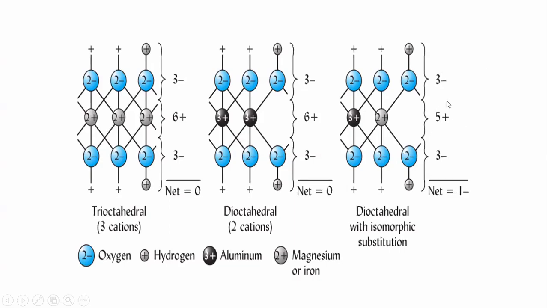If it is 6 plus, then there are no net charges, right? Since it is 5 plus, substituted by magnesium, there is a net negative charge. Understand? So the isomorphic substitution is creating the net negative charge.